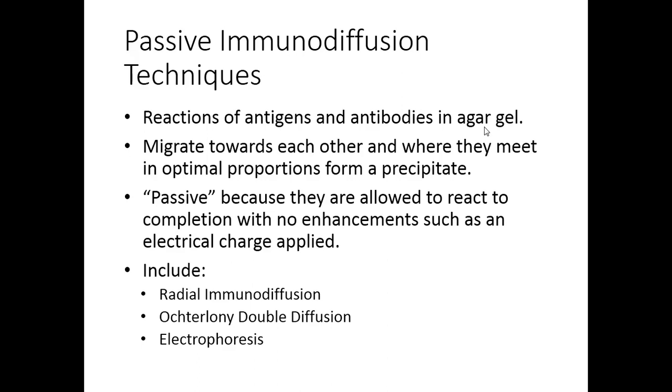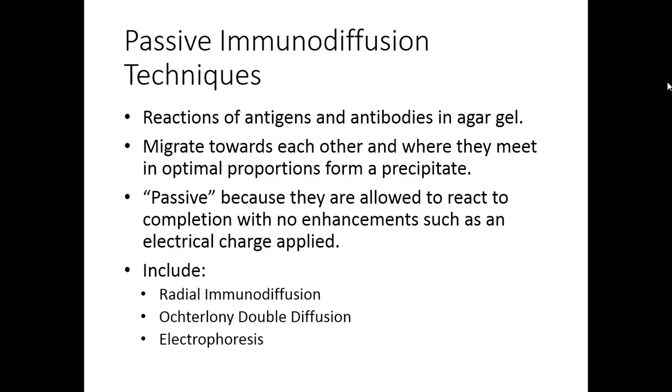So antigens and antibodies migrate towards each other, and where they meet, they form a precipitate. They form those insoluble complexes, and they precipitate out where the antigen and antibody meet within the gel. We call this passive because we let the reaction just take place naturally. We're not going to necessarily add any enhancements to it.